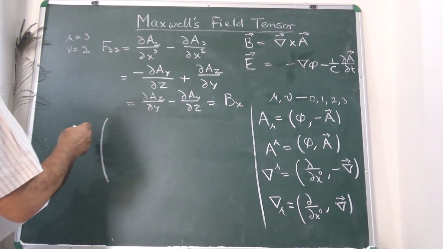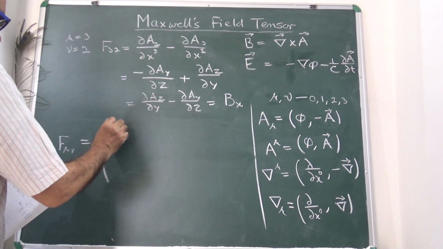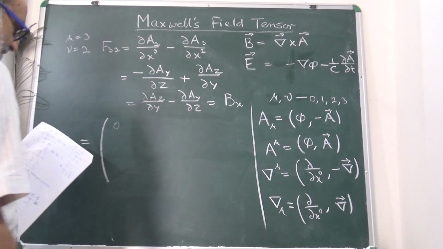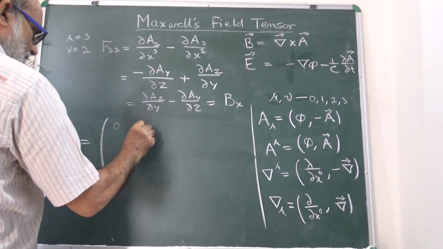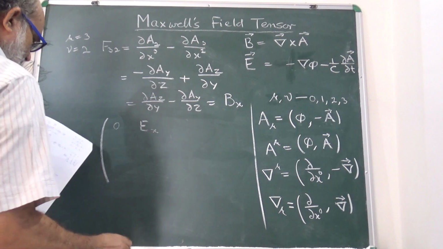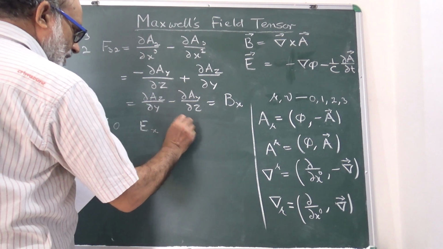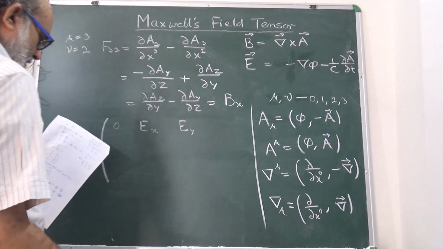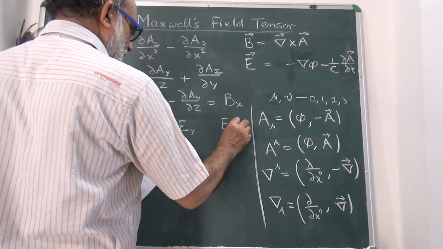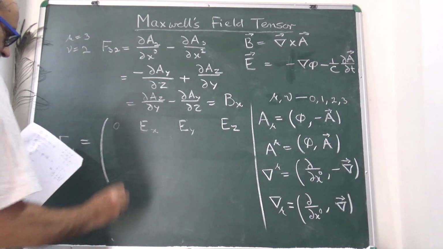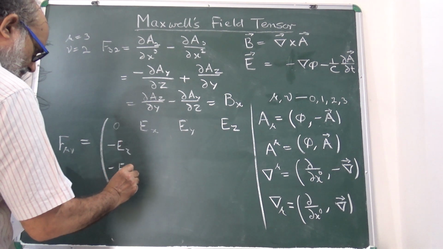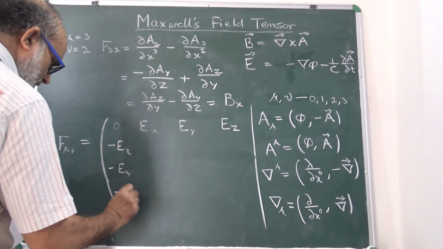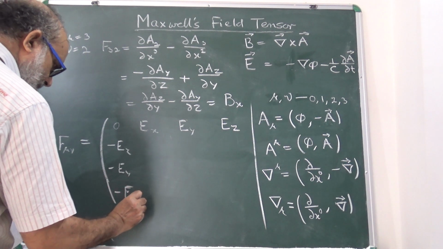F00 will give you 0. This we have found out as Ex, and this will be Ey. If you work it out, this will be Ey, and this will be Ez. This is minus Ex, minus Ey, minus Ez.